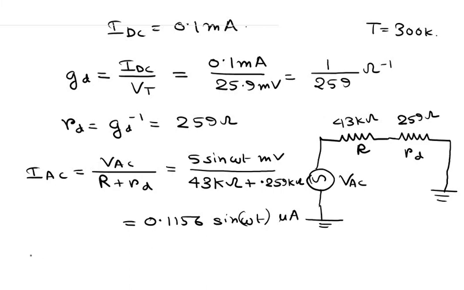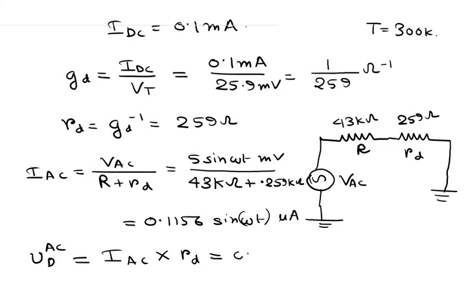If you also want to calculate the AC component of the voltage drop across the diode, which is not asked in this question but for your information, you can multiply this IAC with this diffusion resistance or the small signal resistance.